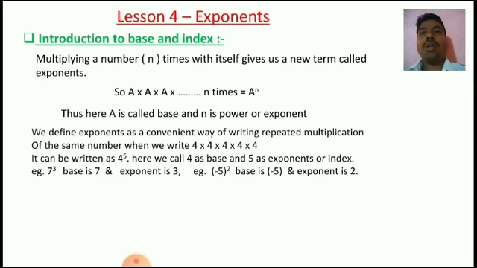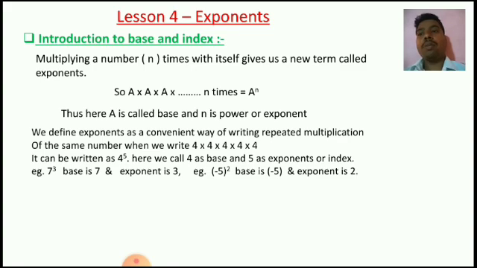When we write 4 into 4 into 4 into 4 into 4, means if you multiply 4 by 5 times, we write this term as 4 raised to 5. So in this term 4 is a base and 5 is a exponent or index.